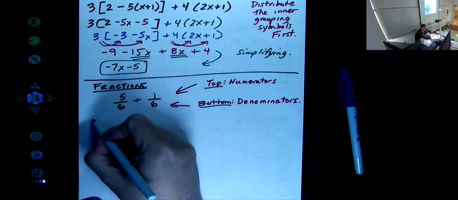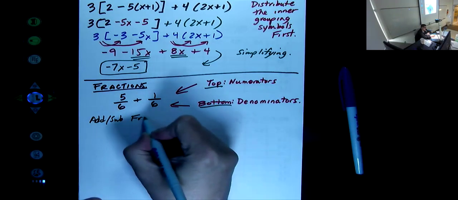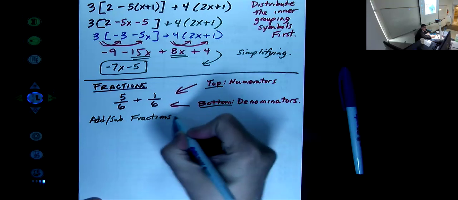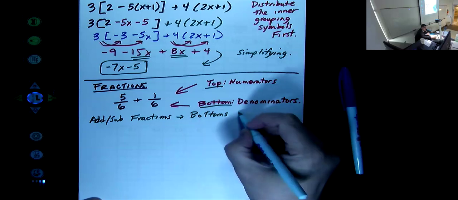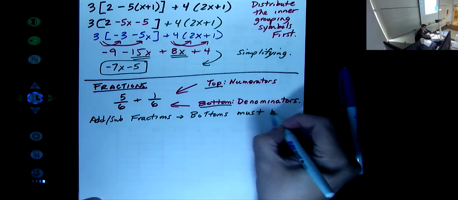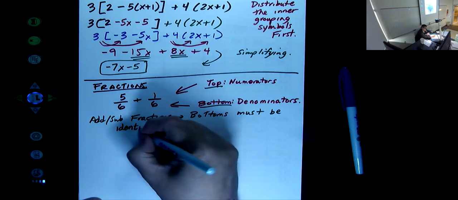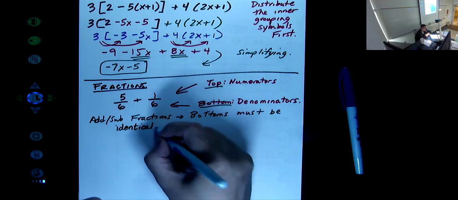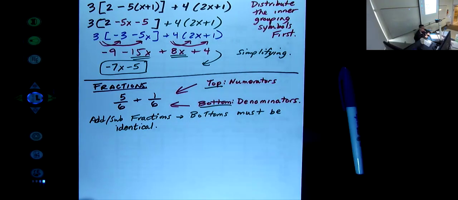When we add or subtract fractions, the bottom has to be the same. Must be identical. As they are here.